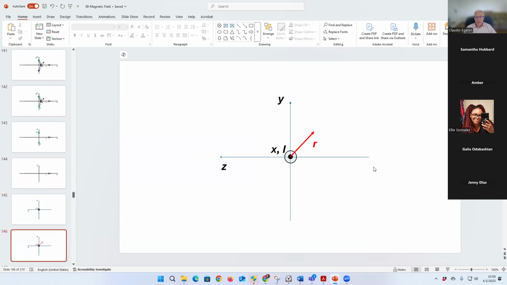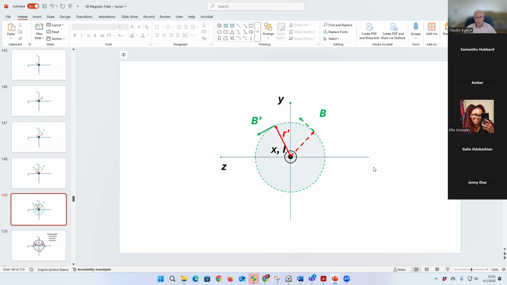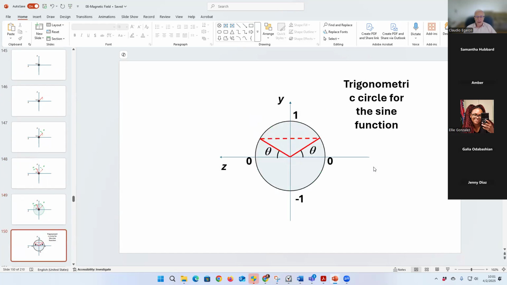So the magnetic field at this point is going to be perpendicular to the position vector that starts at the electric current. That's one. And at another different position, you have this magnetic field. The magnetic field circulates around the current. That's what you have to know.